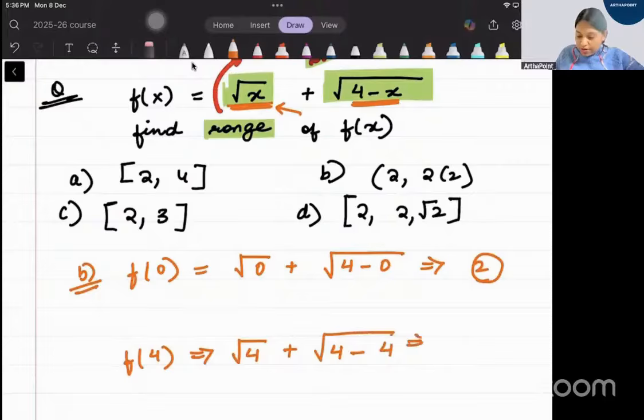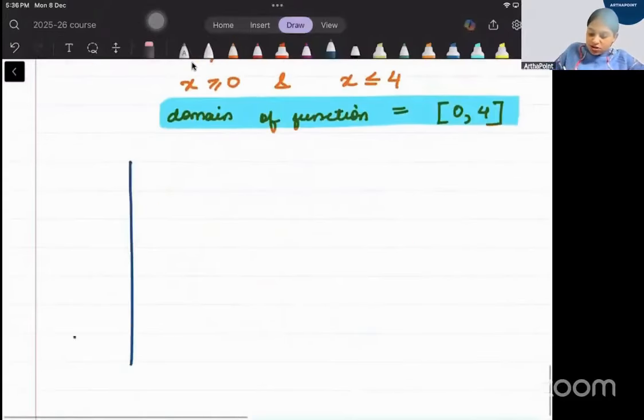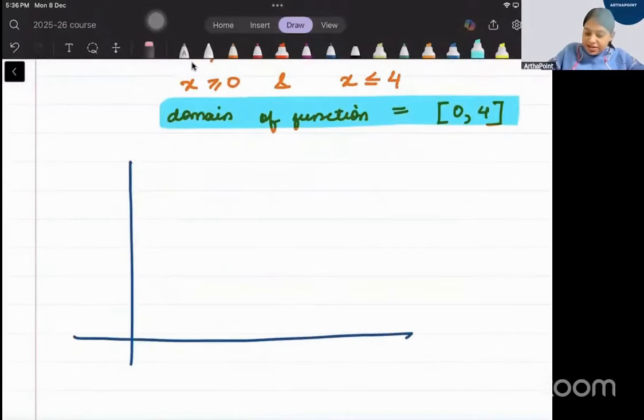That means 2 plus 0, 2. So we have got a very interesting fact. What interesting fact? माने my function looks something like this. कि it is defined only between 0 to 4. सिर्फ 0 और 4 पे defined है. और 0 पे इसका वैल्यू जो है वो 2 है, और 4 पे भी इसका वैल्यू जो है वो 2 है.